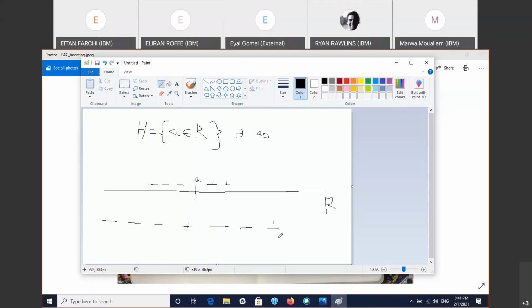Can we get something like that in the sample? So this is our sample. M is equal to 7. Now the question is, is that possible? Can we get something like that?